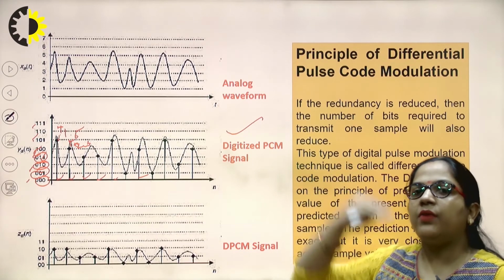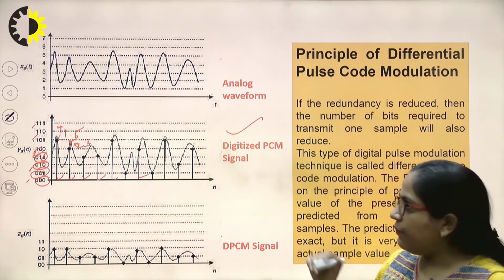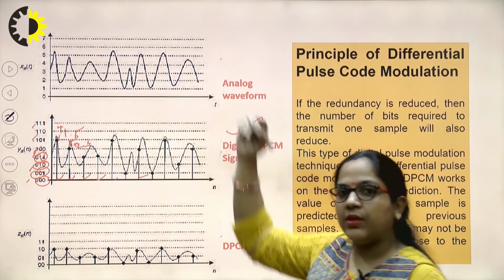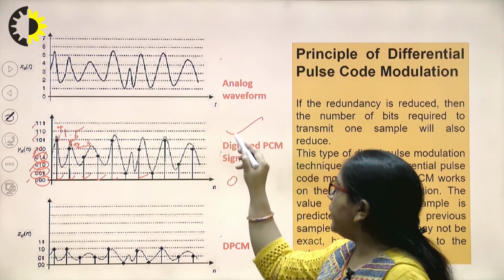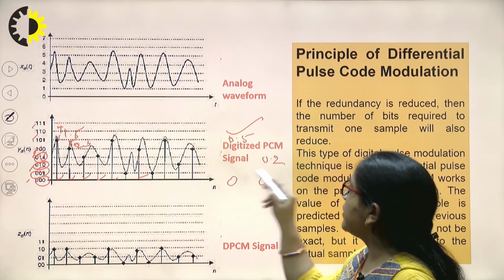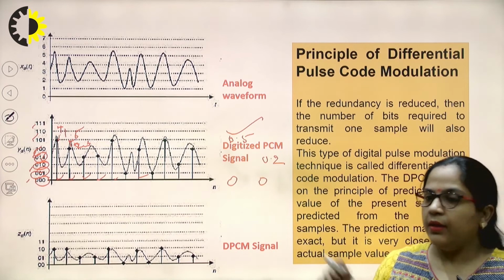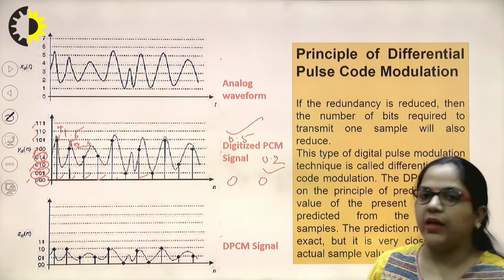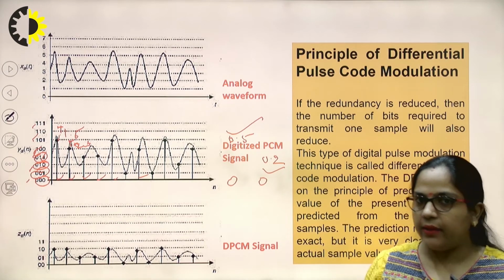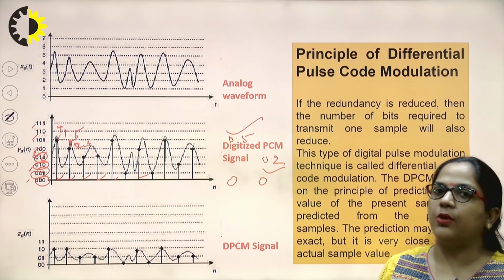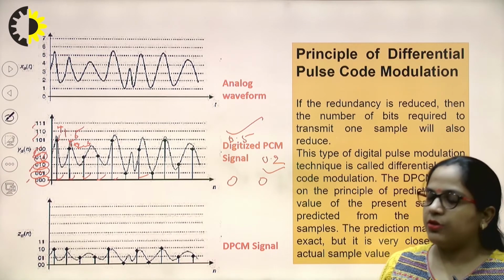Obviously, the number of levels will be reduced. If we select the number of levels from 0 to 0.5 or from 0 to 0.2, obviously the number of levels required will be lesser in this case. If the number of levels required to quantize the signal is lesser, then the number of bits required to represent each level will also be reduced.